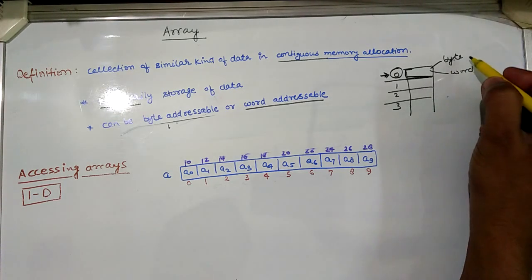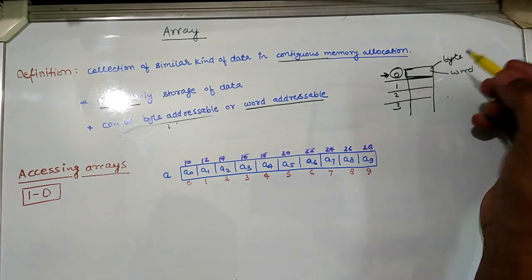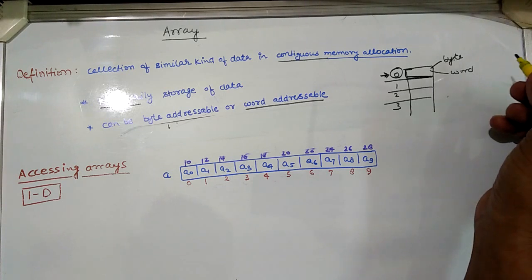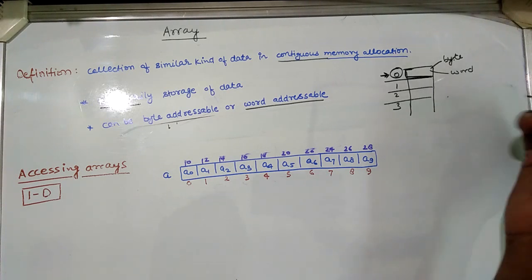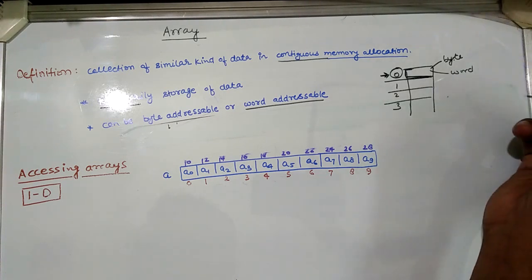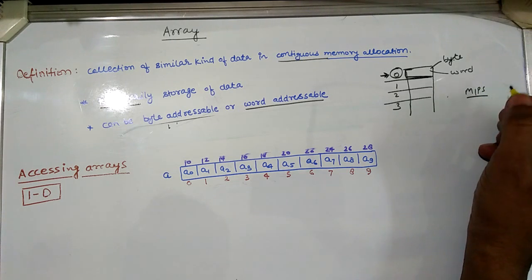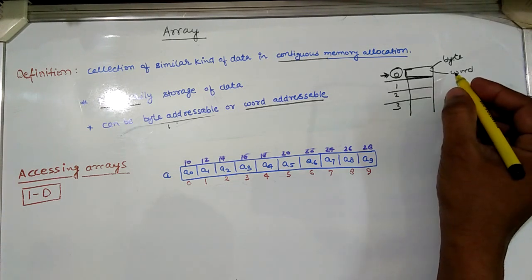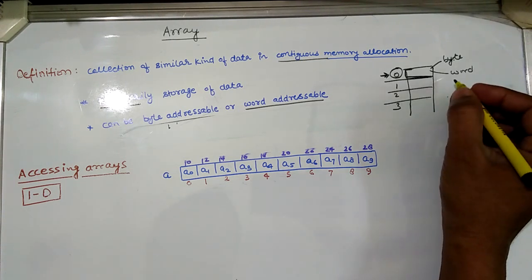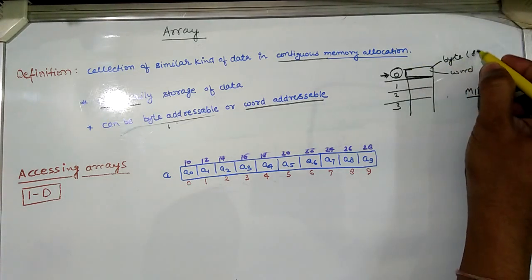Based on the different types of instruction sets available or different hardware configuration, we can have byte addressable or word addressable arrays. Generally, for MIPS instruction sets, we use byte addressable arrays in which each block contains 8 bits.